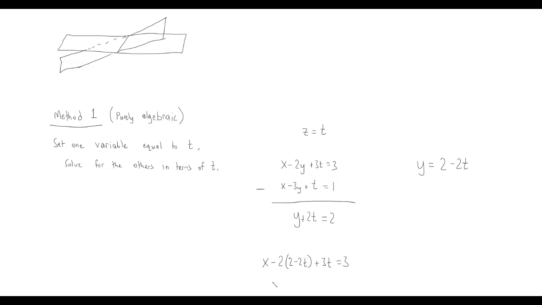And so this is x minus 4 plus 4t plus the other 3t gives me 7t. So solving for x will give me 3 plus 4, which gives me the 7, and then we're going to have minus 7t. And then we had z equals t from the beginning. This will give you a set of parametric equations for the line.